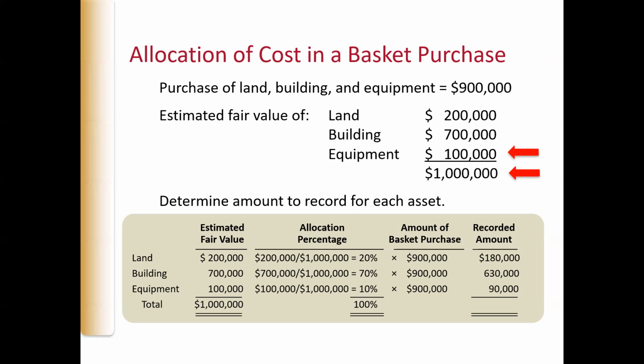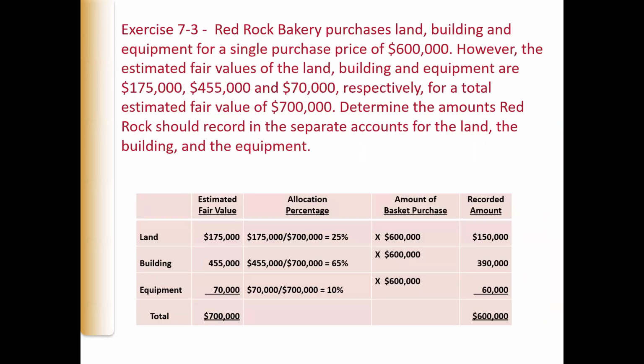We'll allocate 70%, or 700,000 divided by a million, of the purchase price to the building. And we'll allocate 10% to the equipment. You see, each of those items on their own would total to $1 million, but we're purchasing the whole basket for 900,000. So we allocate that accordingly.